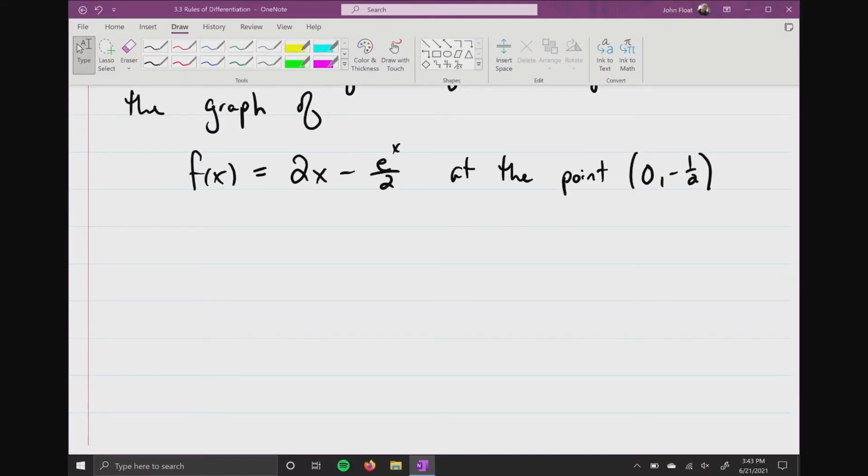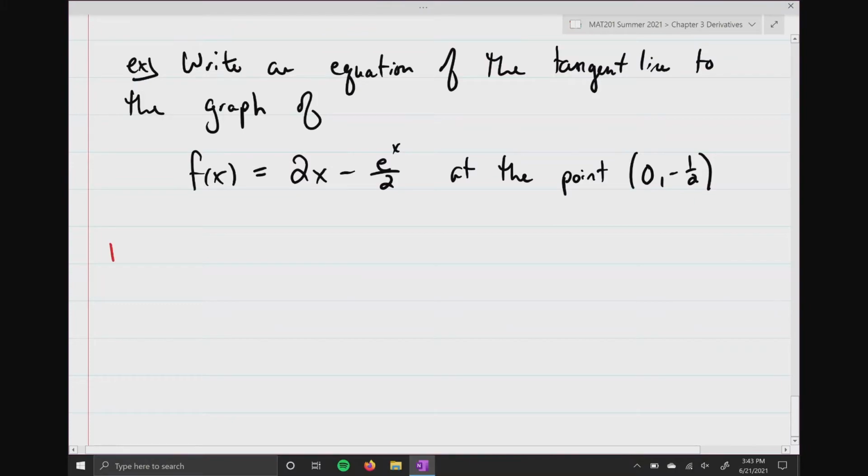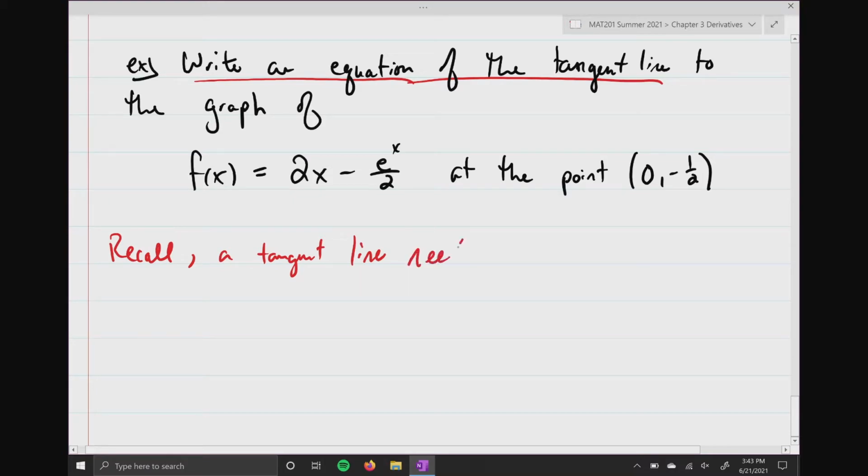So you recall that anytime we see, write the equation of the tangent line, anytime you want to write the equation of a tangent line, you need basically three things. Earlier I said two, but you also need another thing, which kind of goes without saying. We'll call them items.